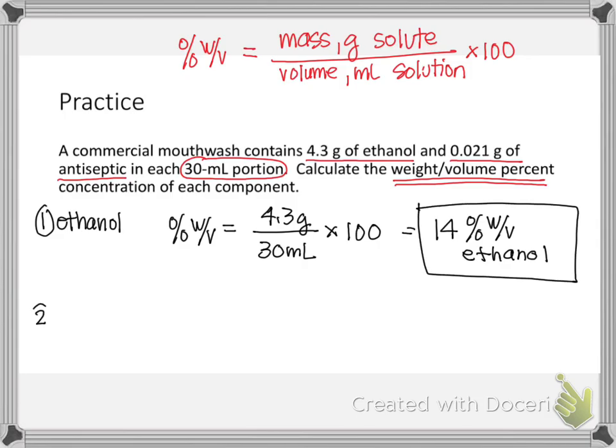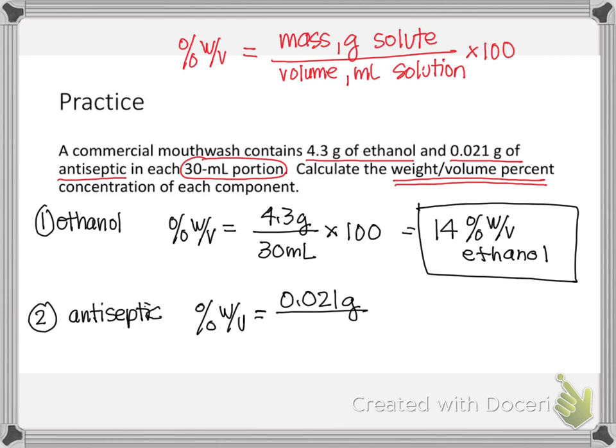And then the second one is antiseptic. And so the calculation is going to be the same. This time we only have 0.021 grams of the antiseptic. It's in the same 30 milliliter sample and times 100 for a percent.